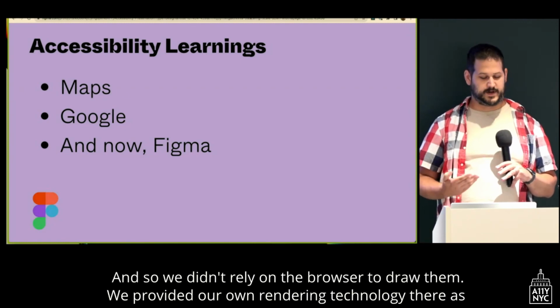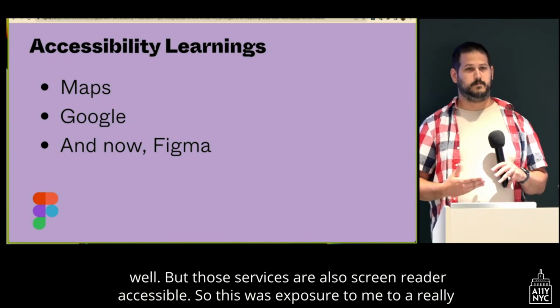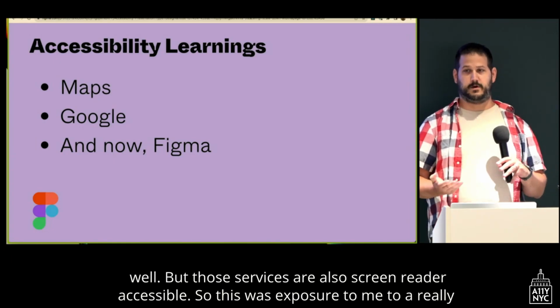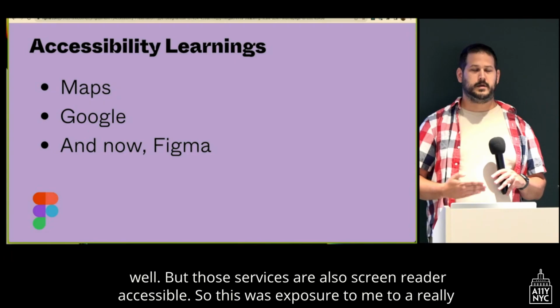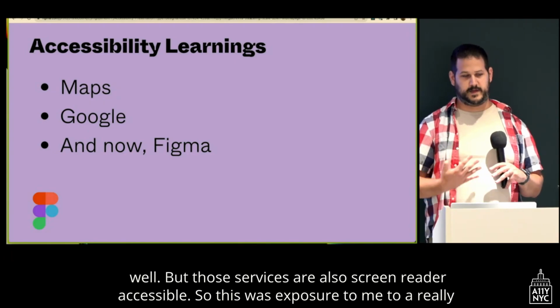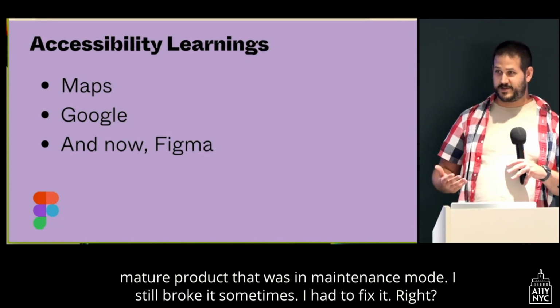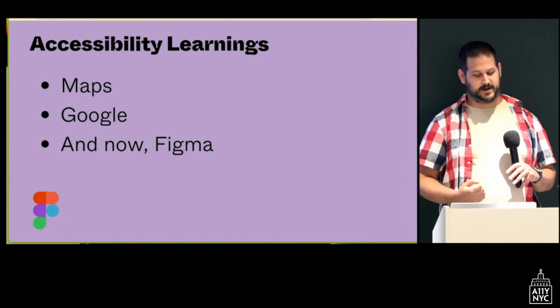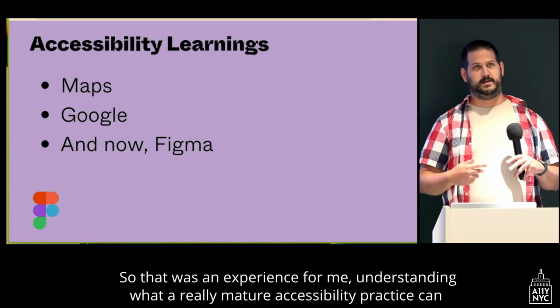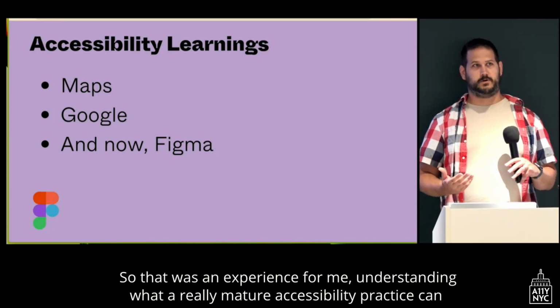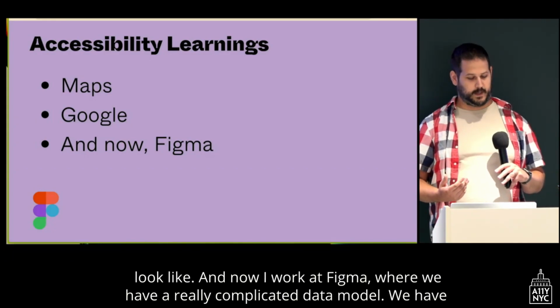We provided our own rendering technology there as well. But those surfaces are also screen reader accessible. This was an exposure for me to a really mature product that was in maintenance mode. I still broke it sometimes. I had to fix it. And that was an experience for me understanding what a really mature accessibility practice can look like.